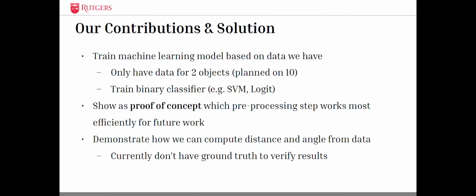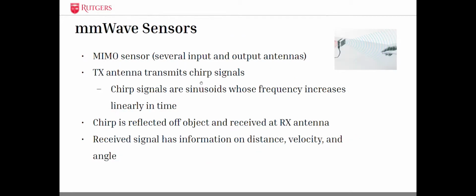We also showed a proof of concept of which pre-processing step works most efficiently for future work and researchers. And we also demonstrated how we can compute distance and angle from the current data. But we don't have actual ground truth to verify these results. We can't cross-reference our results because of our lack of access to the lab.